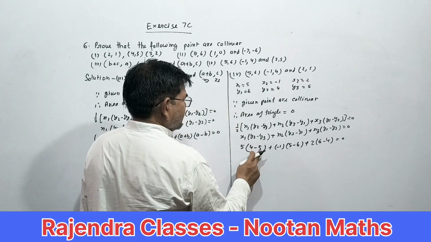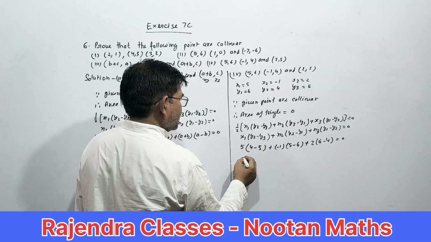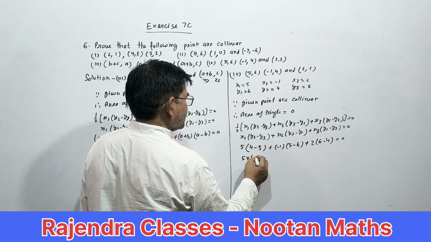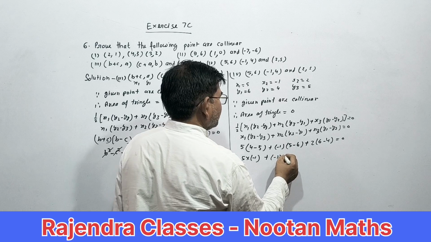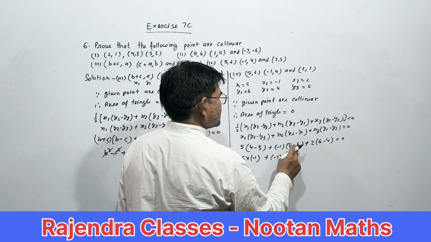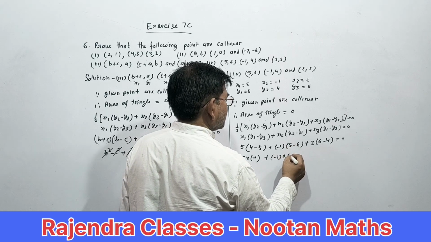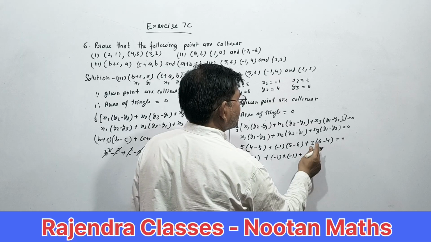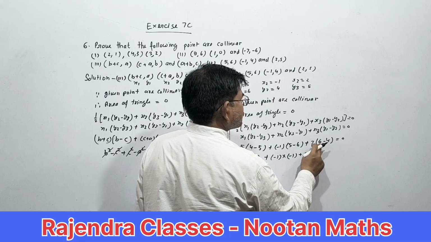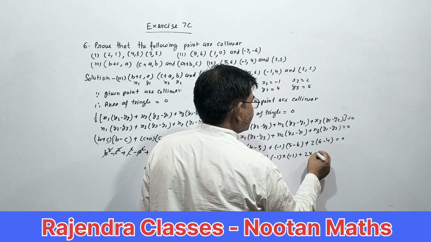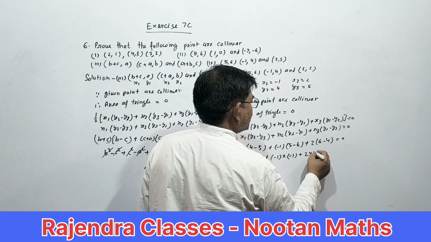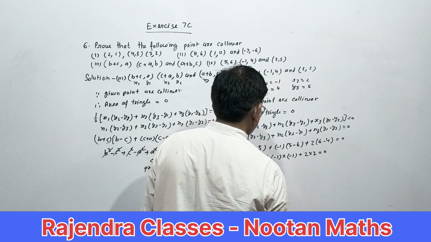After subtracting, 4 minus 5 find minus 1, plus minus 1 multiplied by minus 1, plus 2 times 2, 6 is plus, 4 is minus.